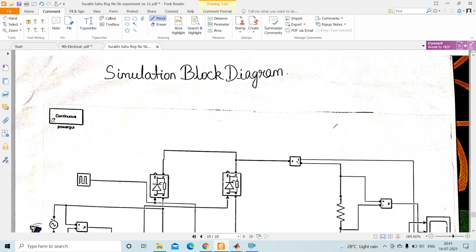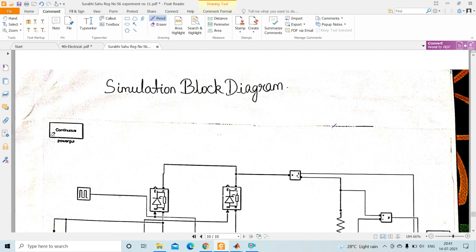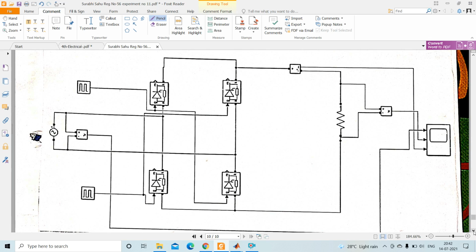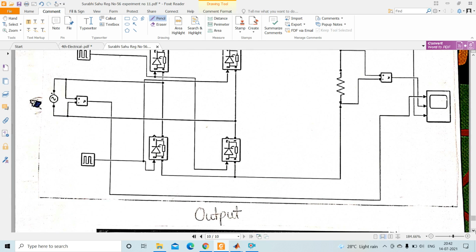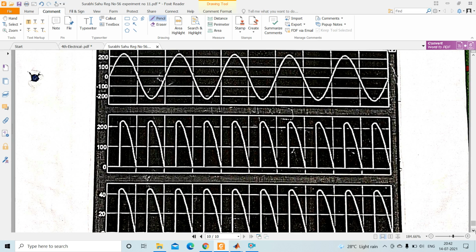Just check the simulation. So see, this is the simulation diagram I have shown you, and this is the output saved here.